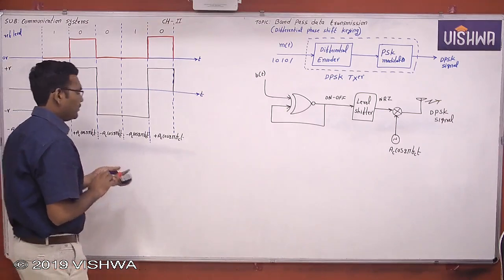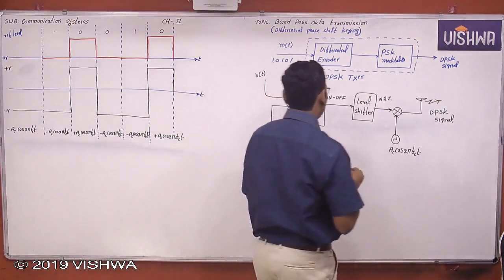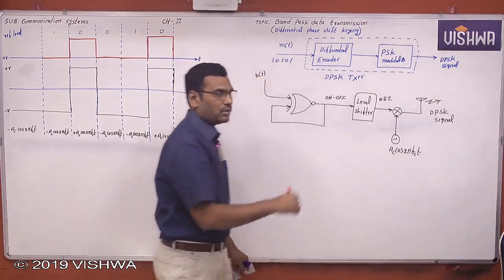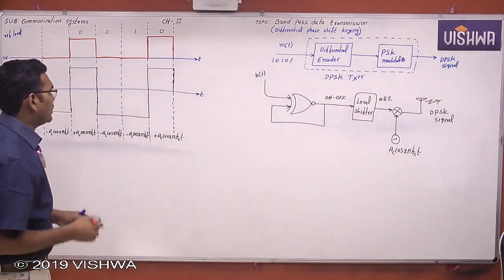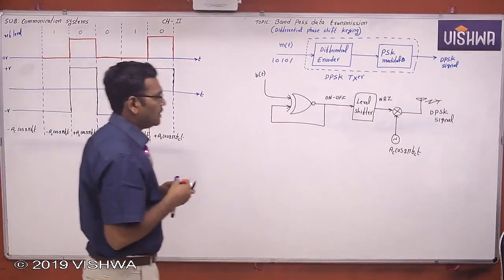Now these are the phase shift keying signals. Now this is the DPSK transmitter portion. Okay, so now we'll see the receiver portion, but before that you just take this one.